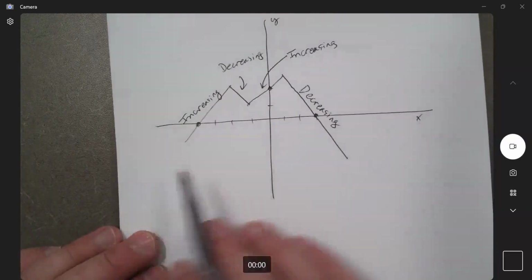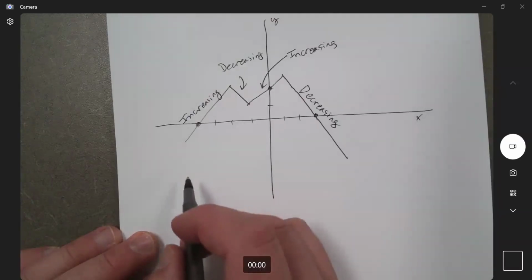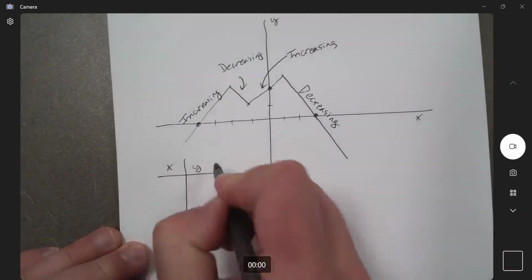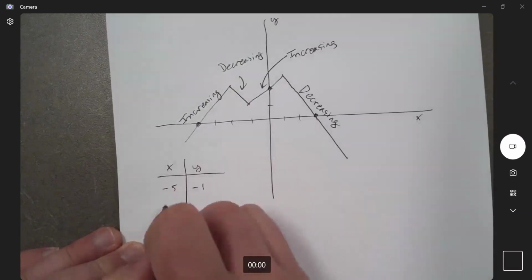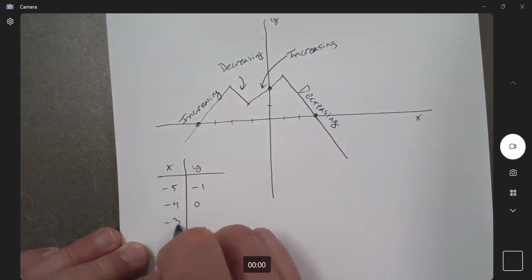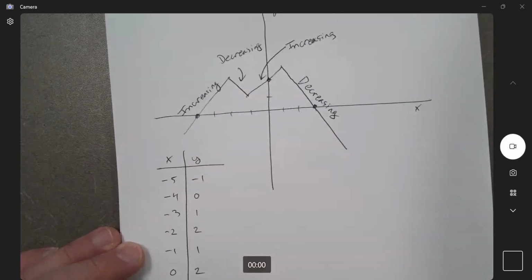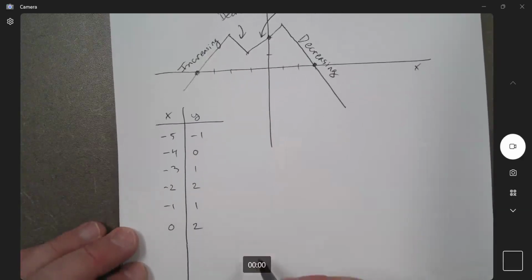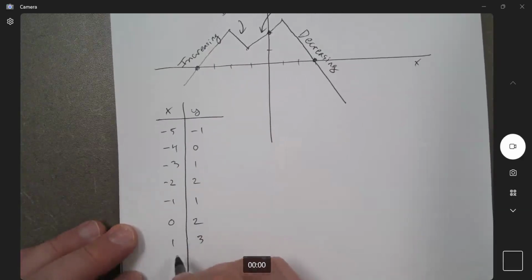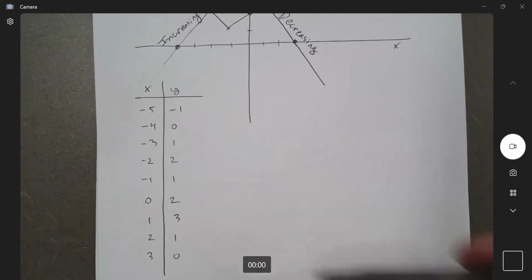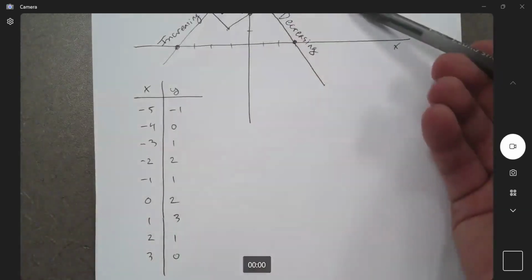If I had a numerical representation of this, it would look something like that. Right, and I just pulled all these numbers from looking at my graph right here.